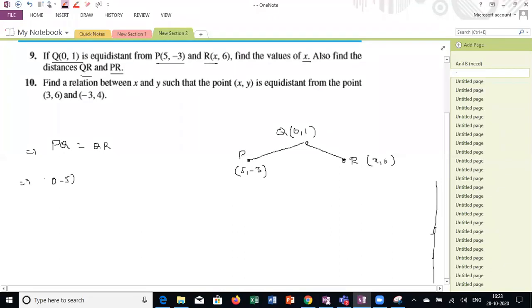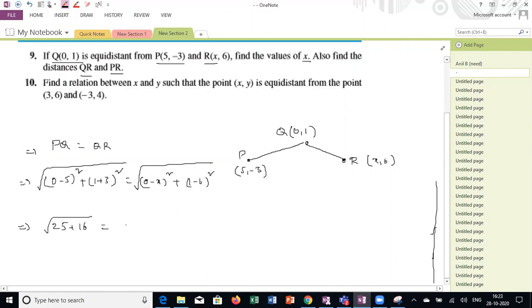So the square root of (0 minus 5) whole square plus (1 minus of -3, that is 1 plus 3) whole square will be equal to the square root of (0 minus x) whole square plus (1 minus 6) whole square. So root of 25 plus 16 will give root of x square plus 25.